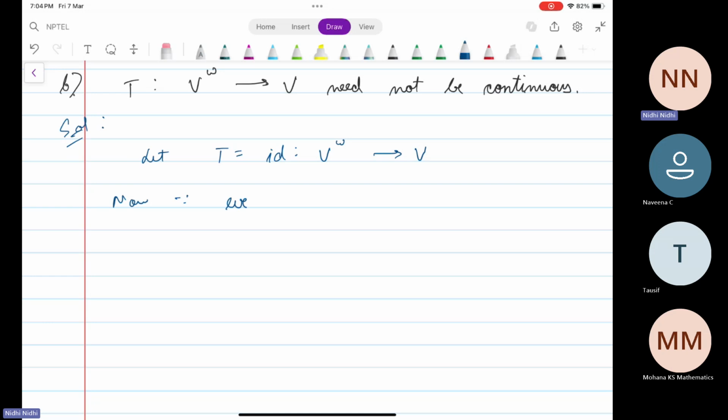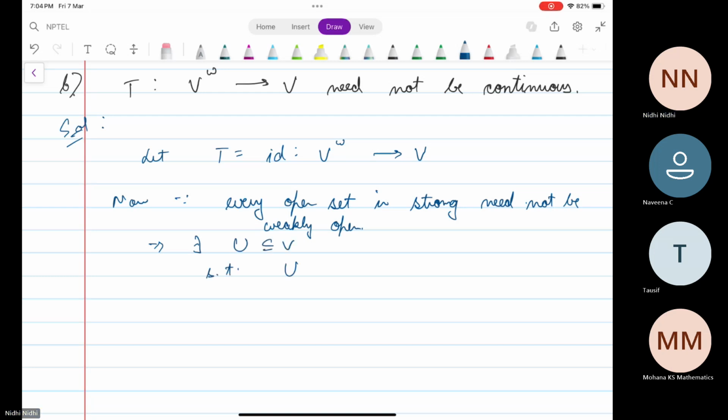Since every open set in the strong topology need not be weakly open, this implies there exists a subset U of V such that U is strongly open but not weakly open.